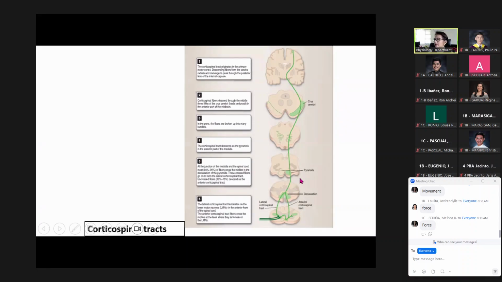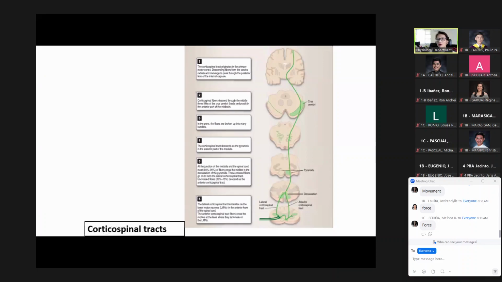Now in the medulla there is this very important crossing over. Here it will decussate. Decussation means crossing over. So it will cross over to the other side as it continues to go down. Now, as it continues to go down, we also have this separation of your ventral corticospinal tract.